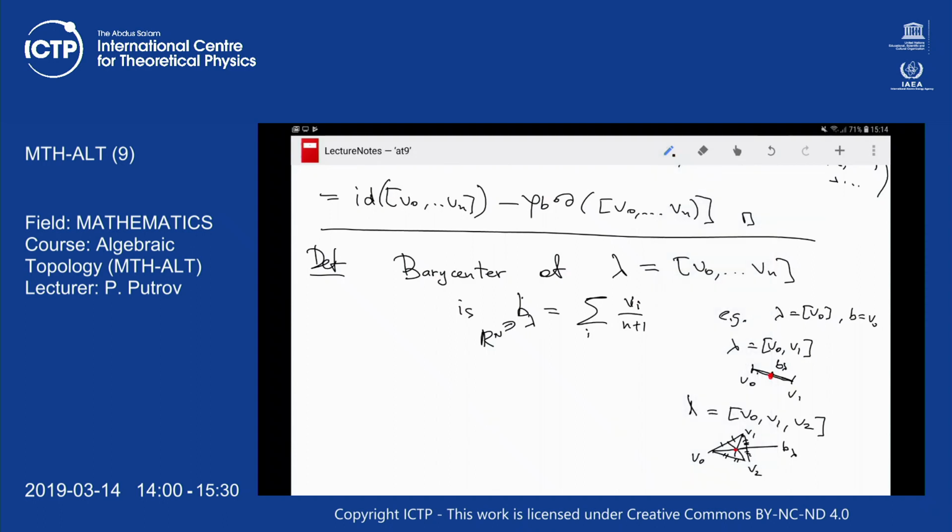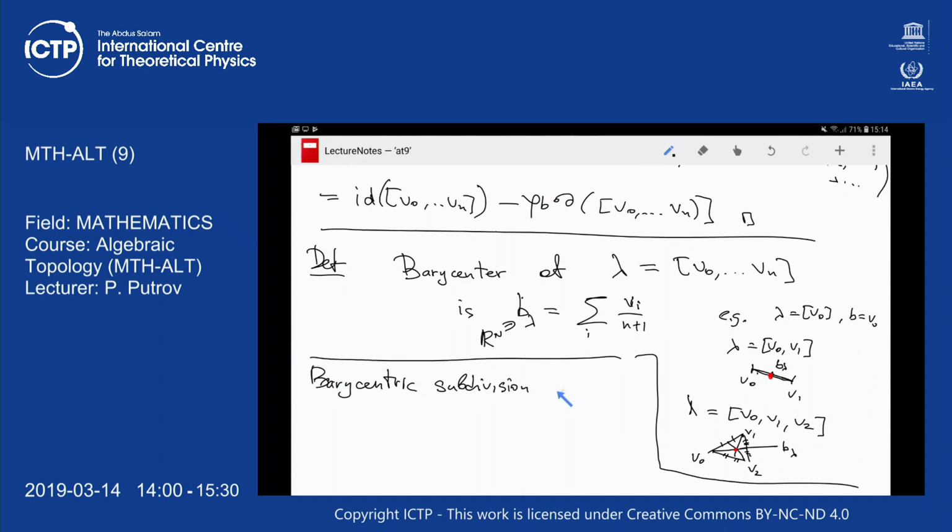And so on. And then we want to define a notion of barycentric subdivision of lambda.